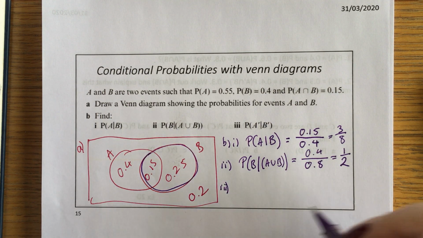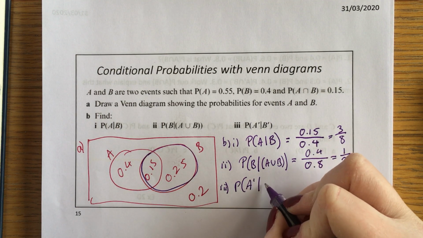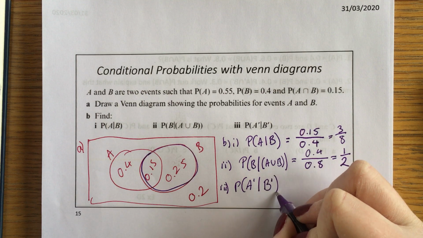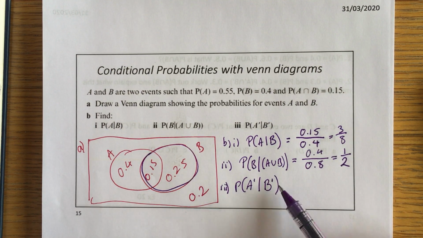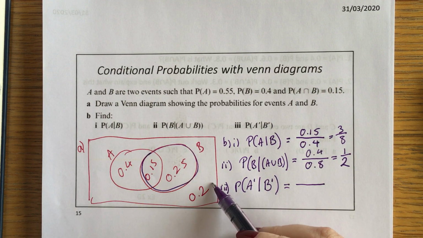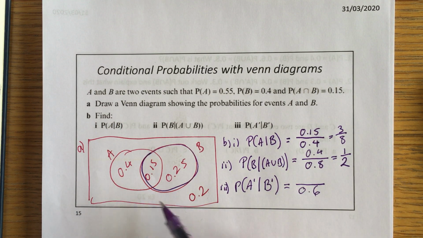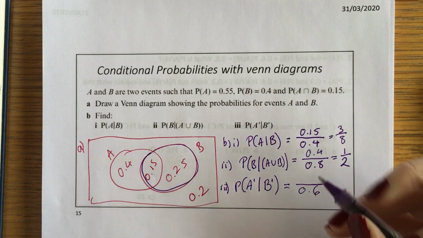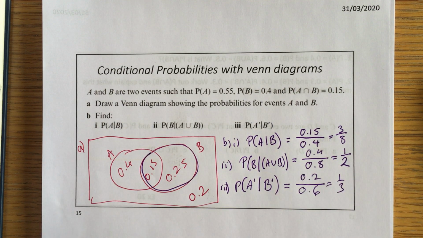And then finally, the probability of A not happening, given that B has not happened. Well, the probability that B hasn't happened is 0.2 plus 0.4, which is 0.6. And within that, the probability that A also doesn't happen is 0.2, which is 1/3.